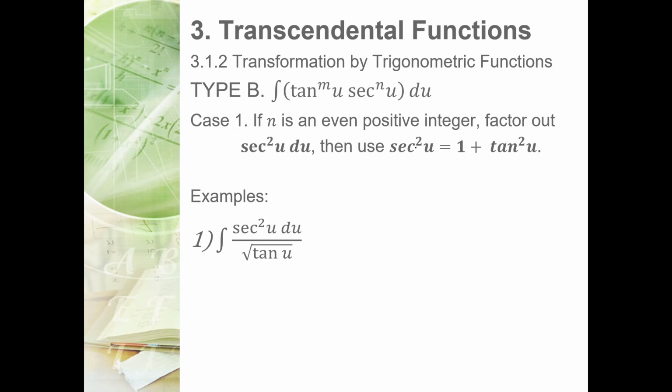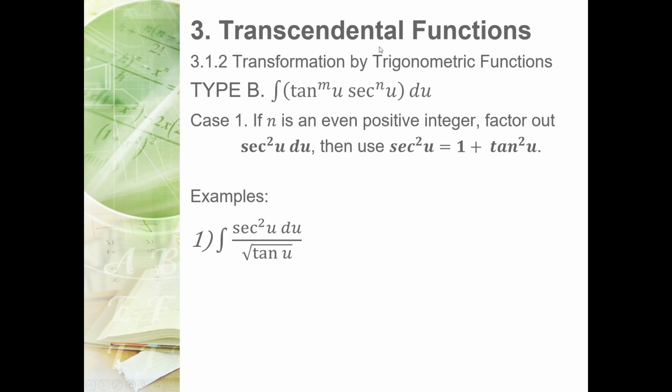So let's go to type B. We're going to have another two cases for type B. And again, it will be based on the Pythagorean identity, which is tangent squared plus 1 is equal to secant squared theta.